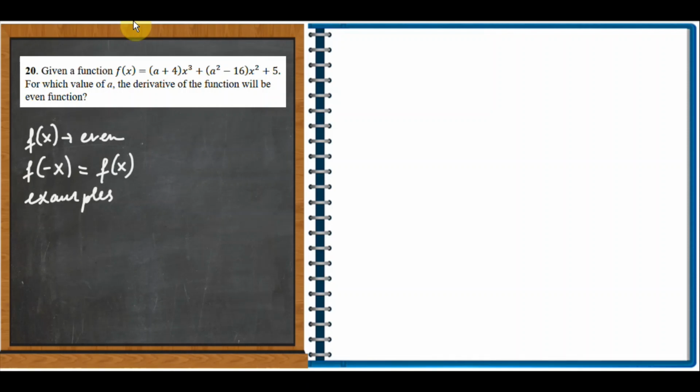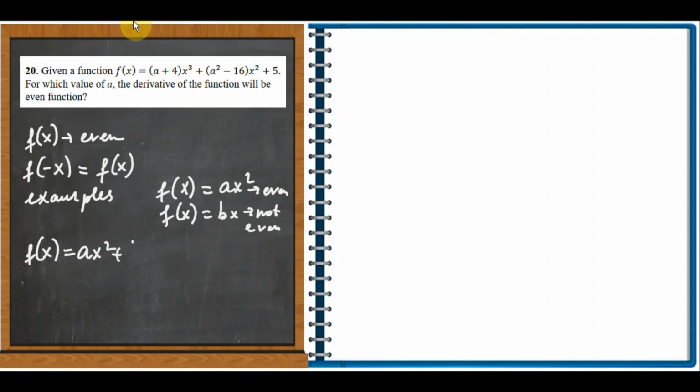Let's say f(x) equals ax squared, that is even. But f(x) equals just bx is not even. And if f(x) equals ax squared plus bx, it is not even, okay? If you add an even and an odd function, the result is going to be neither of them.